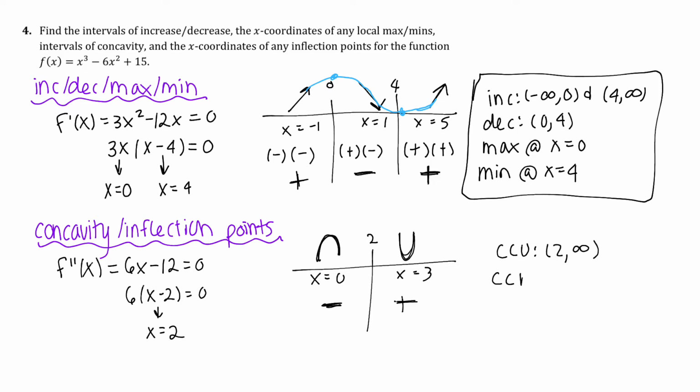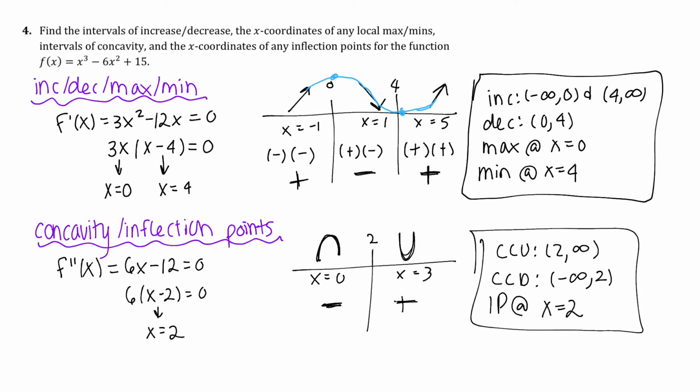We are concave down from negative infinity to 2. And because we change concavity at 2, and 2 is in the original domain, we have an inflection point at x equals 2. And that is the second part of our answer.